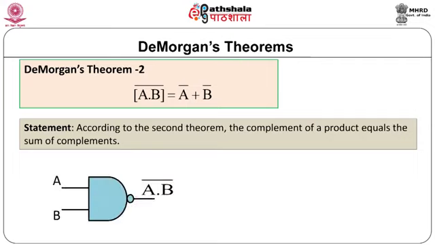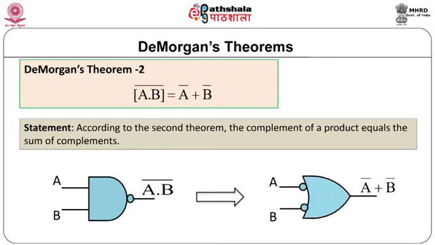The left hand side of the equation can be viewed as the output of a NAND gate with A and B as inputs. The right hand side is obtained by inverting both the inputs A and B, then putting them together through an OR gate. These two representations are equivalent.